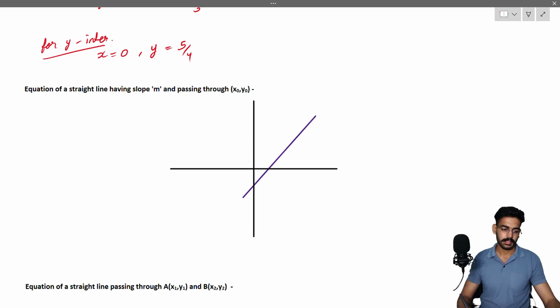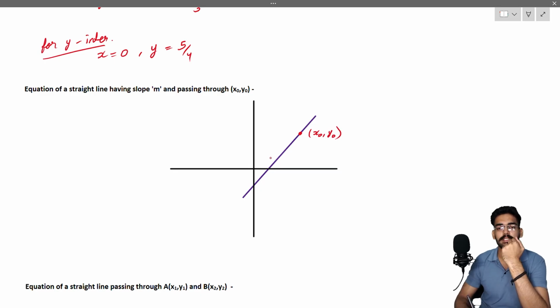So if we have a point given on this straight line, (x naught, y naught), and we want to find the equation of this line, how do we do it? Consider a general point (x, y) on this, right?